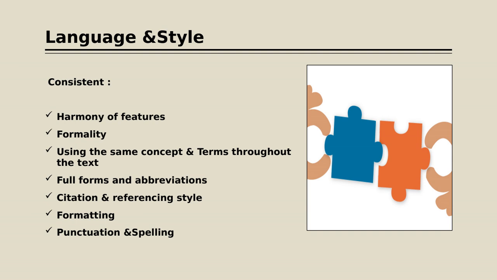Abbreviations and full forms: you need to think about this because we are from different specialties, as I said, and of course most of you are using abbreviations. For example, if I say English for Academic Purposes, EAP, before I write and explain what EAP is, it could be misunderstood.